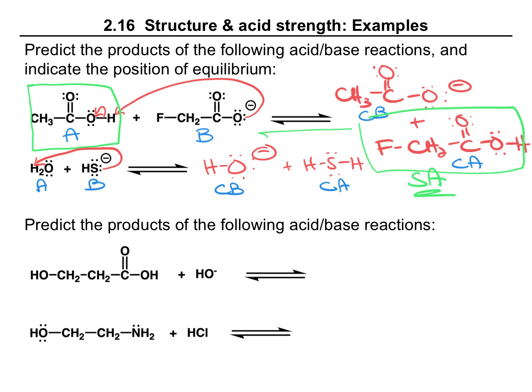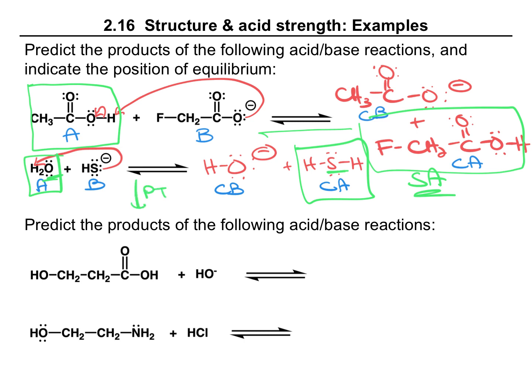So we need to compare this acid and this acid, but we don't have pKa values. Well, what's the relationship between oxygen and sulfur? They're in the same column of the periodic table, but sulfur is below oxygen. So we are comparing down the periodic table.